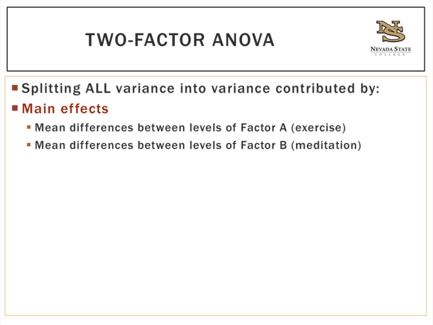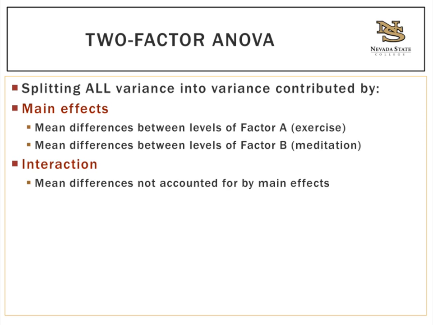And then we're also looking at the same time mean differences between levels of factor B. In the interaction, we're looking at any mean differences that are not accounted for by the main effects. So there might still be some variance left over that we cannot account for in the other ways.